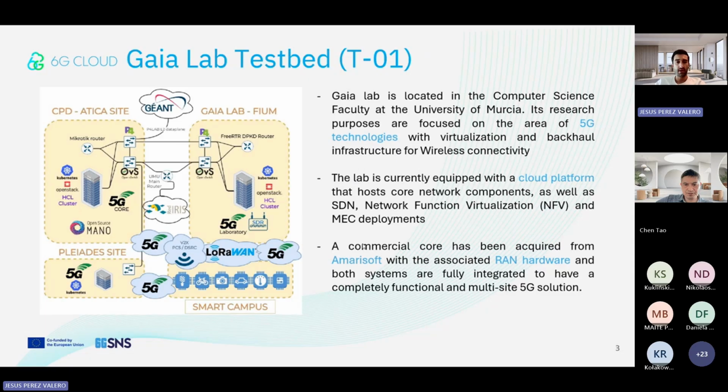We have some equipment that fulfills all the requirements of a 5G testbed, as we have core network components. We have different SDNs, software-defined networks, network function virtualization, and so on and so forth. We also acquired a core from Amarisoft with all the associated RAN hardware, and both cores have been fully integrated into the testbed.